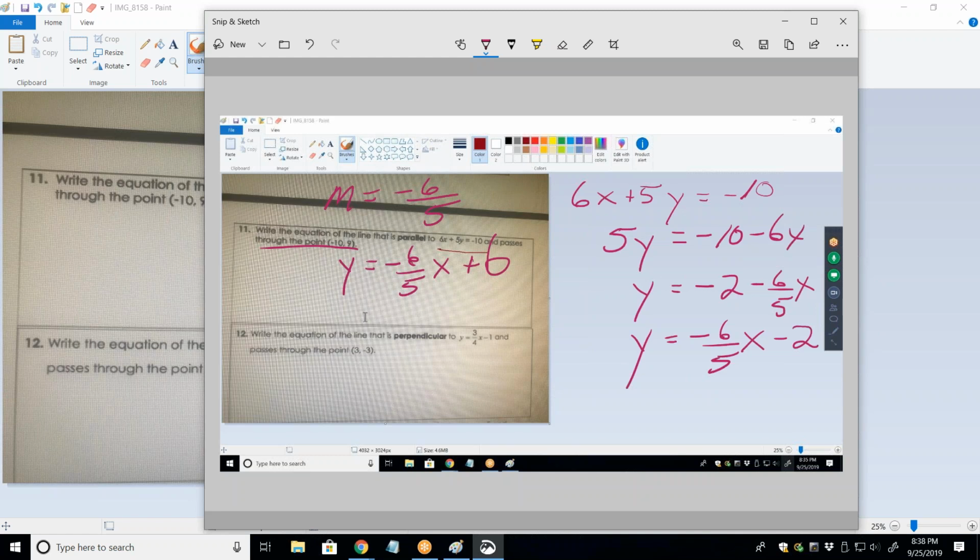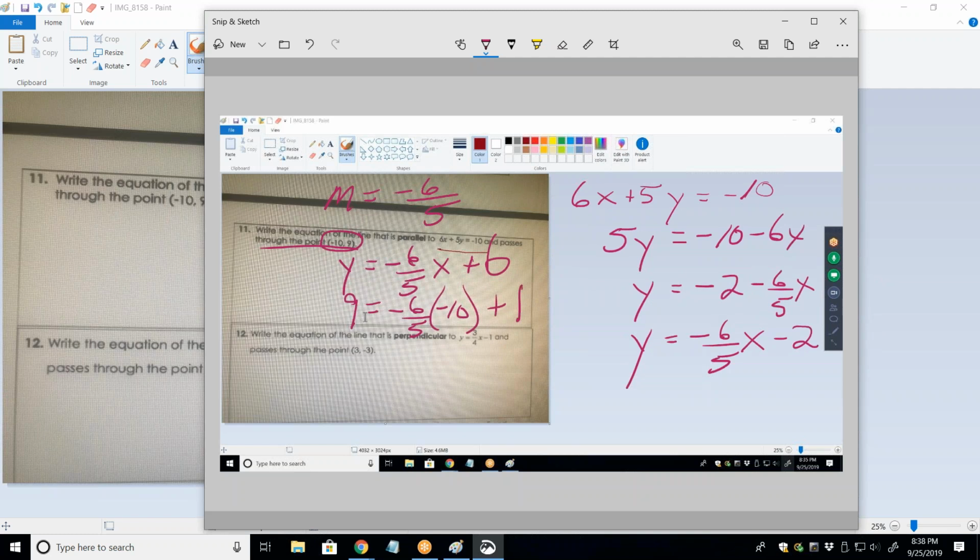Okay, so wait, I substitute for y, what's y? Put in this point that they gave you. Oh, okay, 9. Okay. Equals negative 6 over 5, negative 10 times negative 10, plus 6.